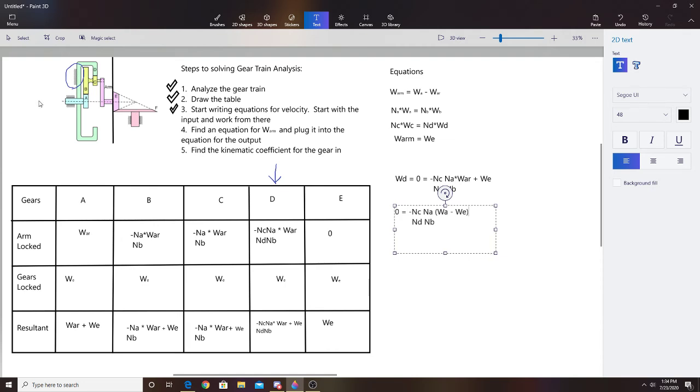We want output in terms of the input. That's what we're looking for. So right here, WE. That is what you get when you make this substitution using this equation right here, except that the arm is equal to WE here, right?